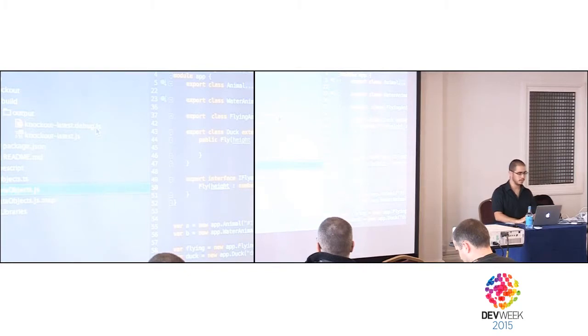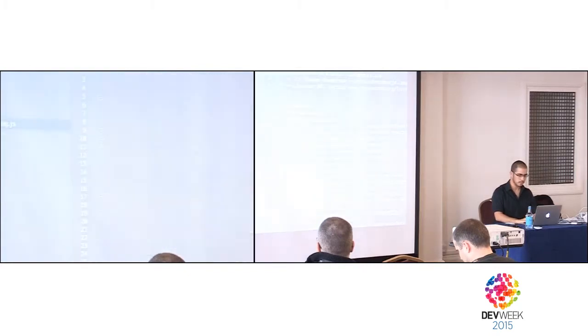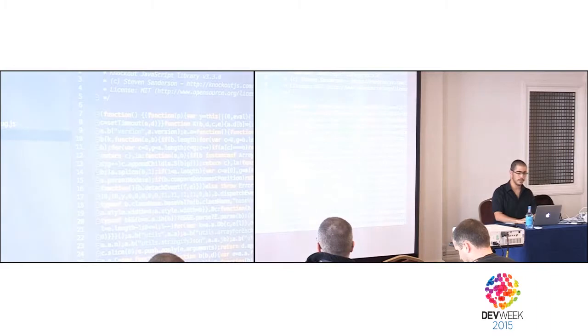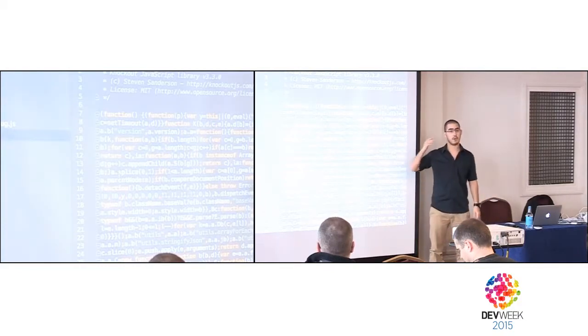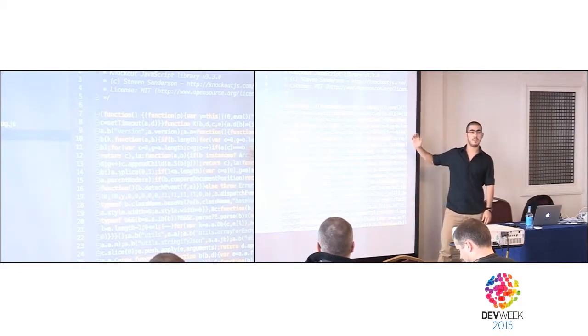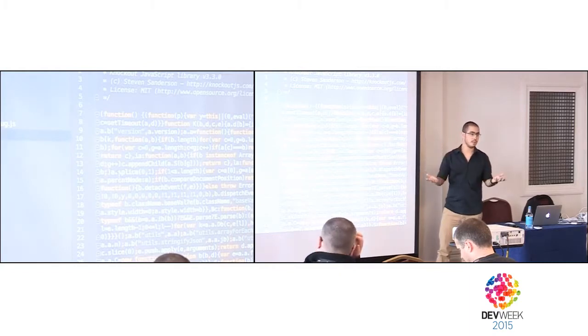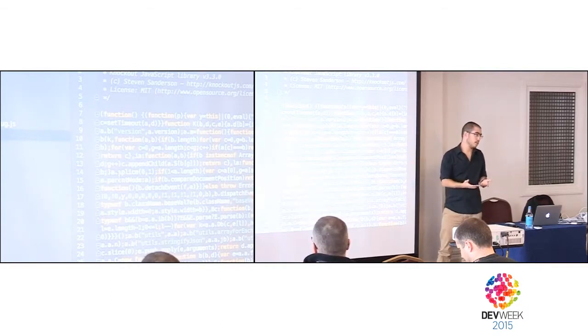The difference between them is that one looks nice and one looks bad. The idea behind it is performance. This is called a minified file. When you are in production, you want the code to take less space and the file to be as small as possible, whereas in debugging, we want it to be readable.